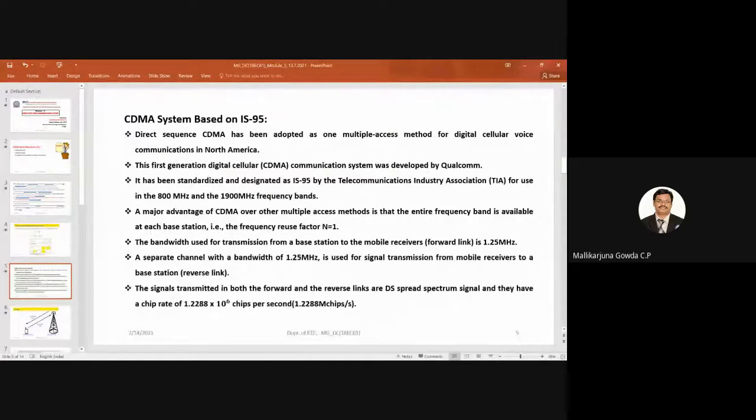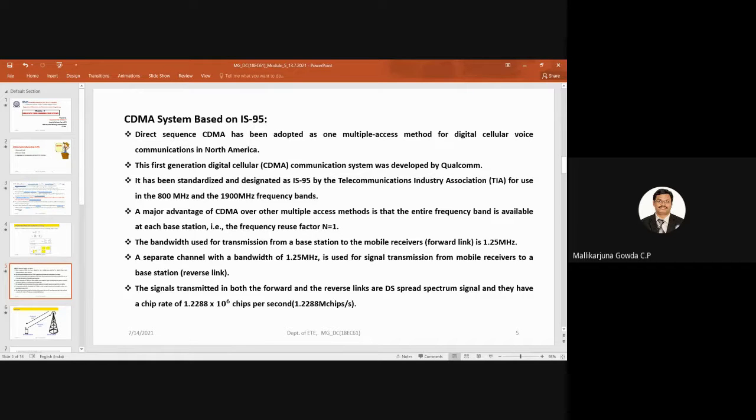So as I was saying, the frequency reuse factor is 1 in case of CDMA system. Why I say frequency reuse factor is 1 is because everyone can use the entire available bandwidth in that particular area. But it is not like that in case of any other multiple access technique like FDMA or TDMA. So I gave an example.